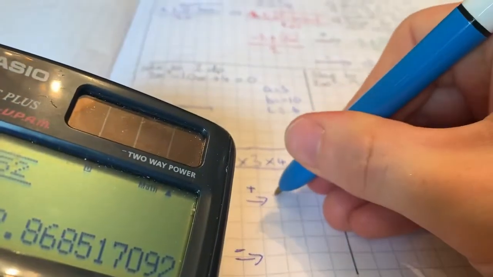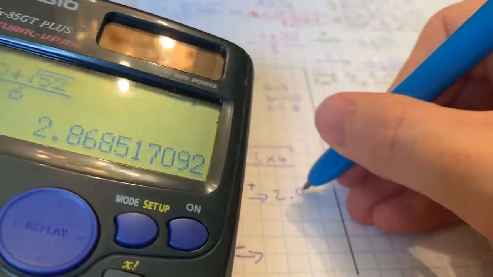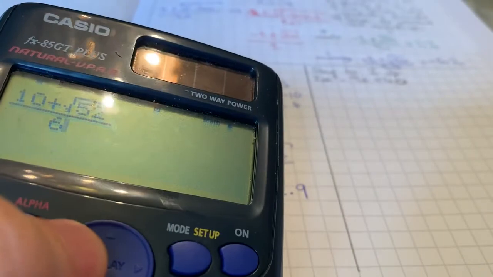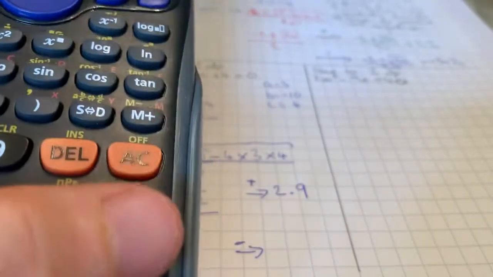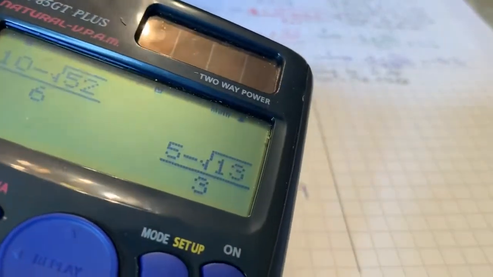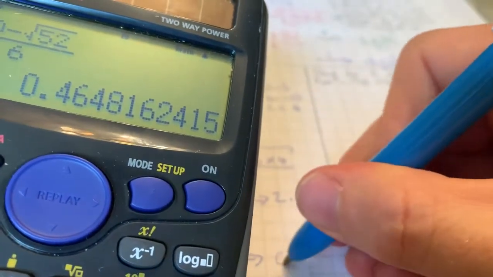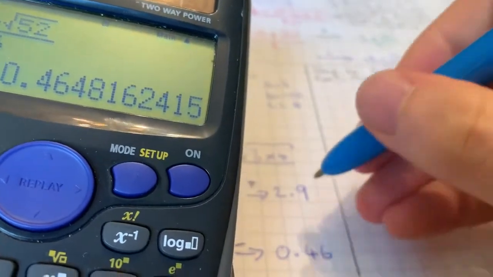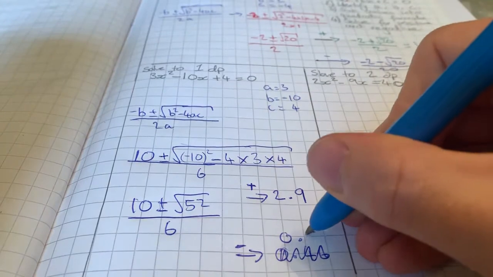So for the positive, it's 2.86, so 2.9. And then for the negative, you can just use the arrows, go back, hit equals, and you get your solution there. So to one decimal place, 0.4, sorry, one decimal place, not 2, gone mad there, be 0.5.